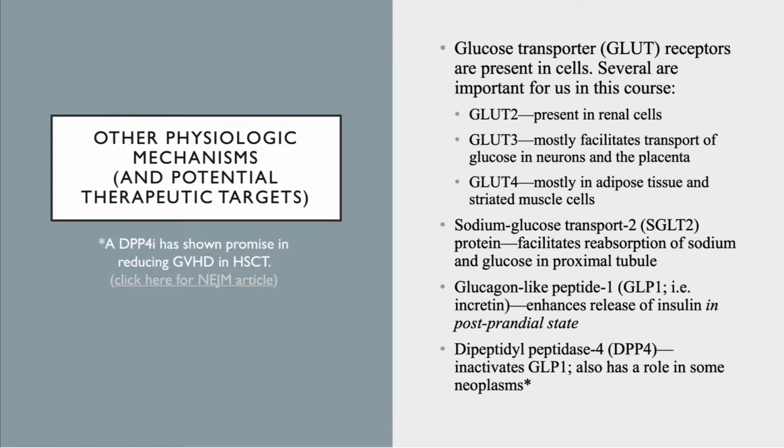And last time I looked anyway, there were something like 15 different glucose transporter receptors in the body. A couple of the important ones, GLUT2 is present in kidney cells, and GLUT3 is what crosses into the placenta, and GLUT4 is mostly in adipose tissue and muscle tissue. Just for reference, I wanted to go over those.